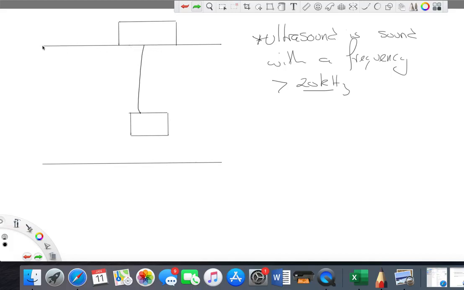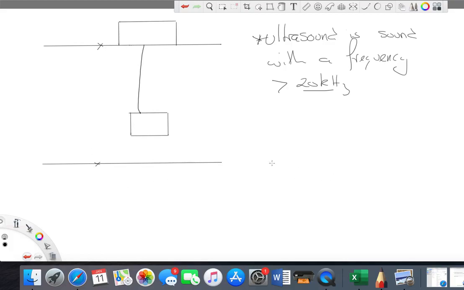And what I will expect as I move my transducer along my piece of steel is that I will get a reflection from here, because that's going from air into the steel, and I'll get a reflection from here going from steel into air.